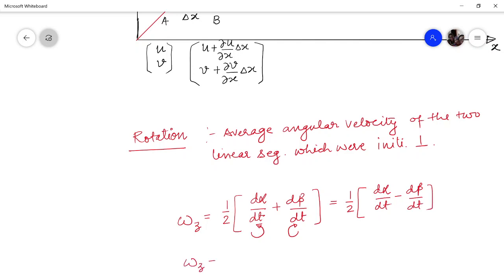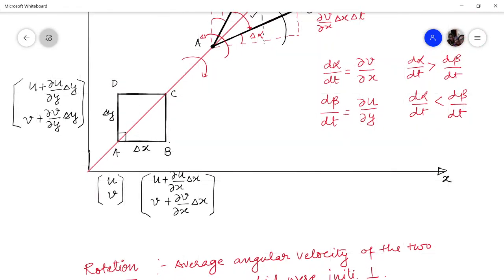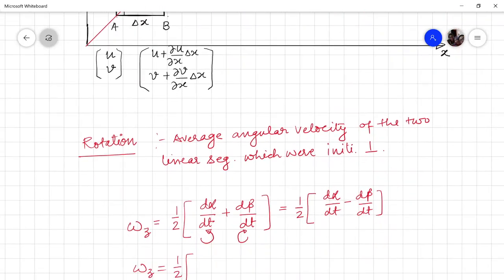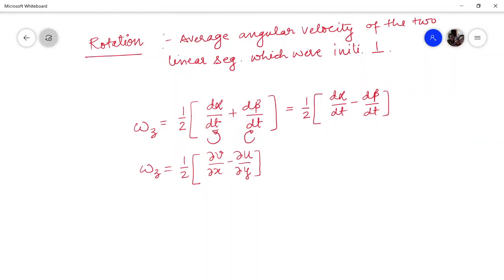So omega z now becomes, what is d alpha by dt? d alpha by dt is del v by del x, and d beta by dt is del u by del y. So omega z is 1 by 2 times del v by del x minus del u by del y. This is the component of rotation in the z direction. If you want to write this in the x direction, you needn't memorize it.